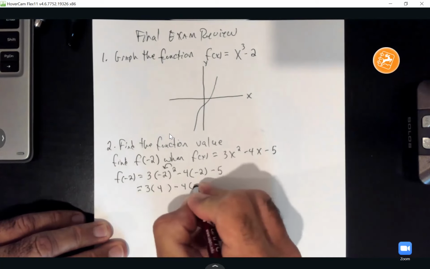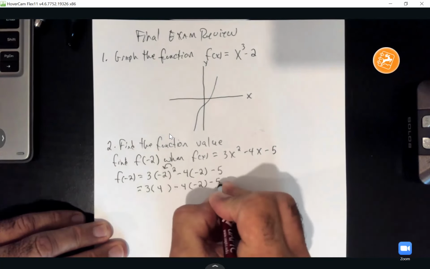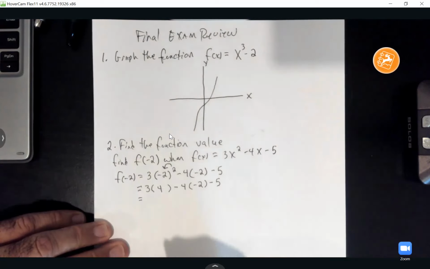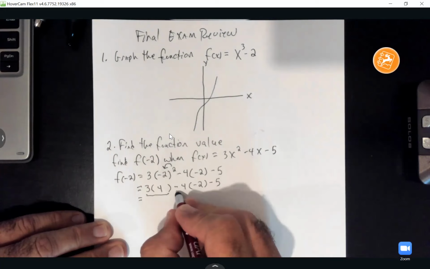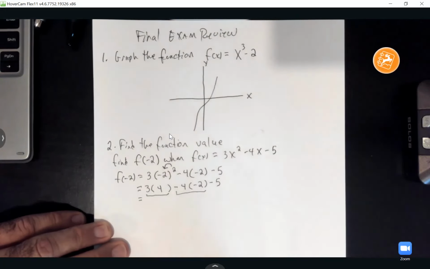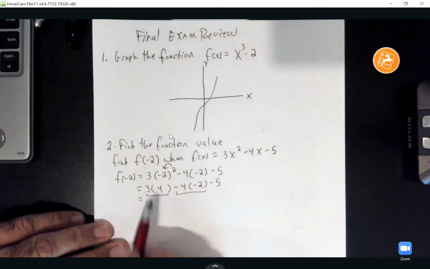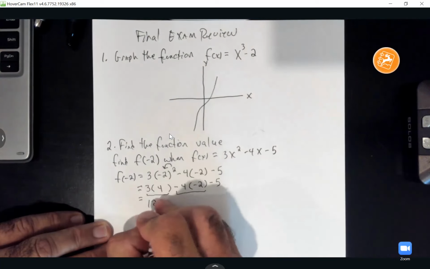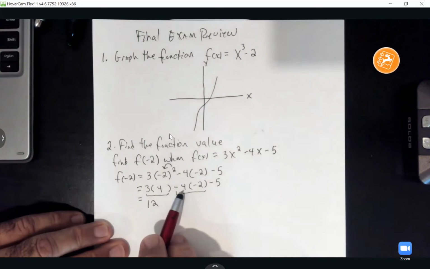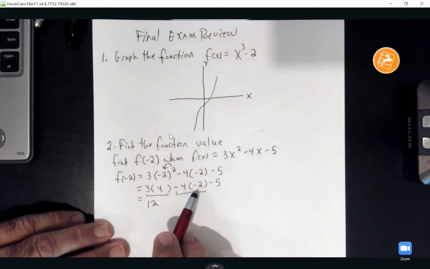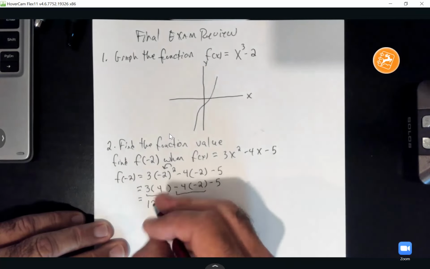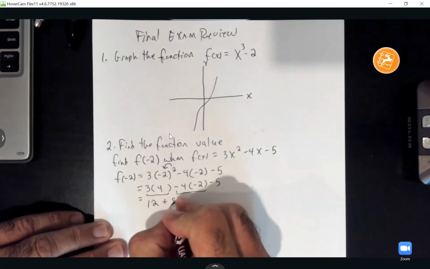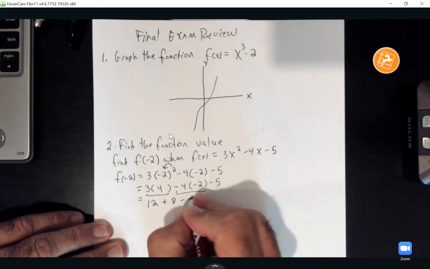I'm just bringing everything else down at the moment. Now I'm going to multiply right here, 3 times 4. And then I'll multiply these 2 terms in the middle. So 3 times 4 will give me a 12. I'm subtracting a 4 times a negative 2, which will be like I'm subtracting a negative 8, which will make that an actual plus 8, and then bring down that minus 5.